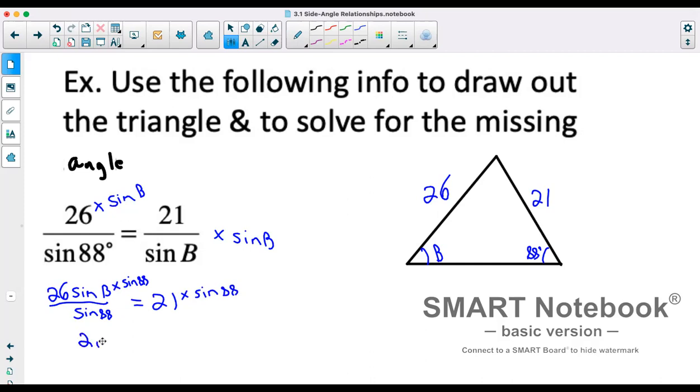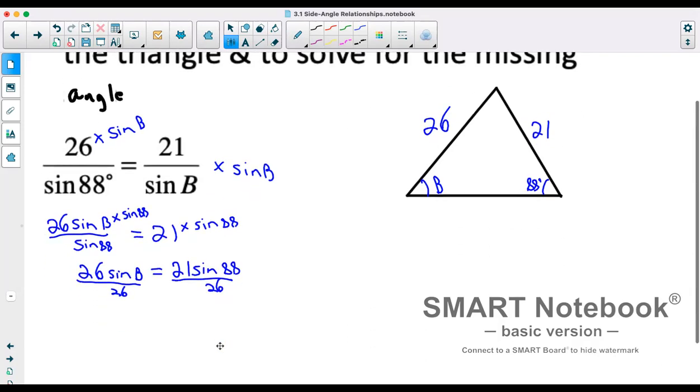That gives us 26 sine of B equals 21 sine of 88. At this point, I would divide both sides by 26. So that gives us sine of B is equal to 21 times sine of 88 divided by 26.